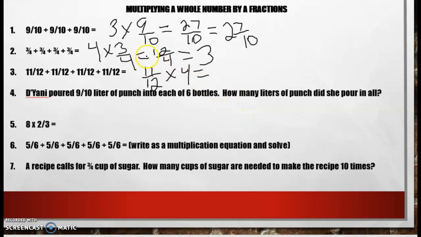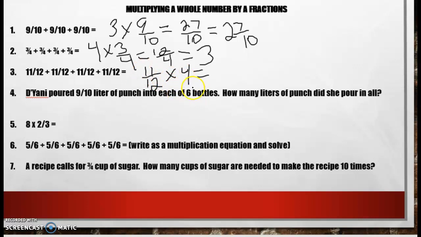I want you to notice too, on the numbers 1 and 2, I put the whole number in the front and I put the fraction on the other side. And then on this one, I put the fraction in the front and the whole number behind. Now, does that make a difference? No, because you learned in 3rd grade that 4 times 3 is the same as 3 times 4. You can turn around the numbers in a multiplication equation, and it still will equal the same thing. So it doesn't matter that I wrote it like this.